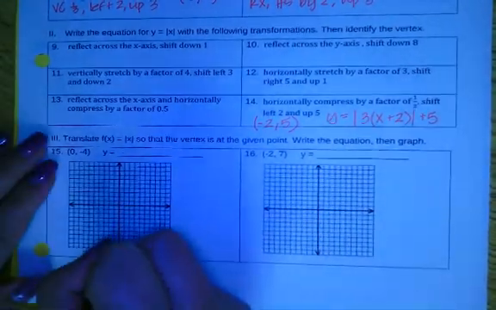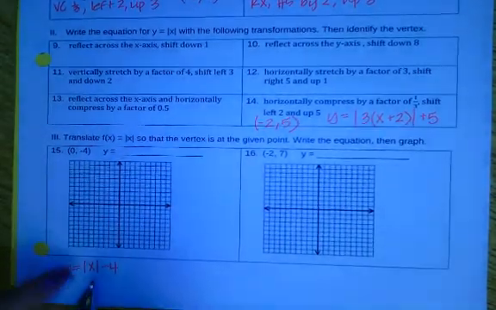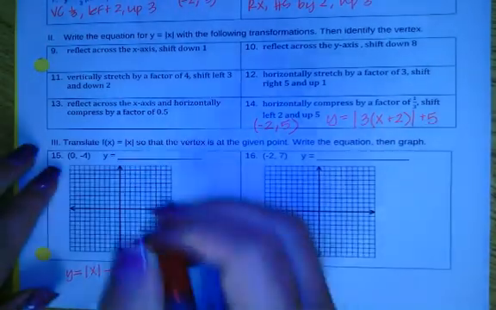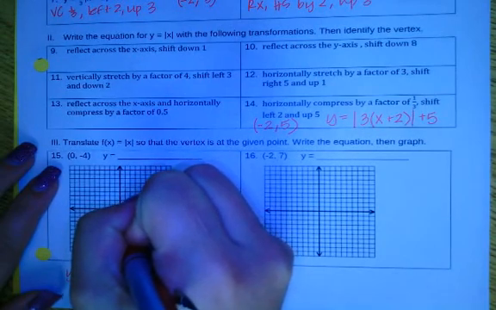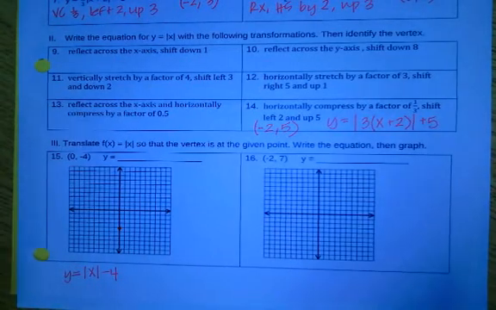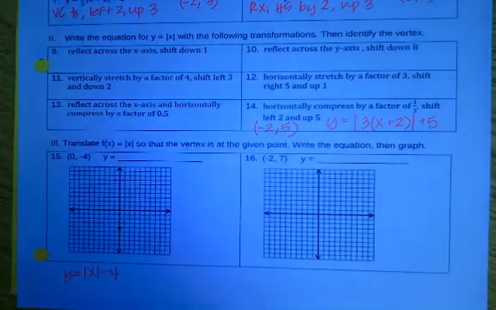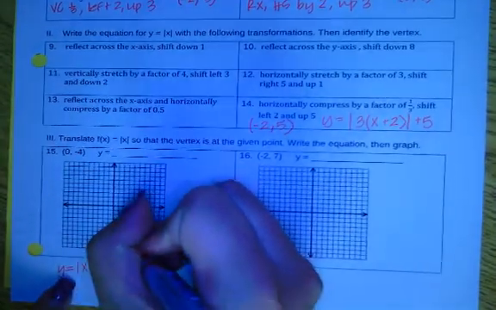So all we did was go down 4. We didn't go left or right any because we're still at 0. So you go 0, negative 4. Plot your vertex. Hopefully after our last test, we know how to graph absolute value functions. Right now I just have a slope of 1, so I'm just going up 1 over 1 on each side of my vertex.